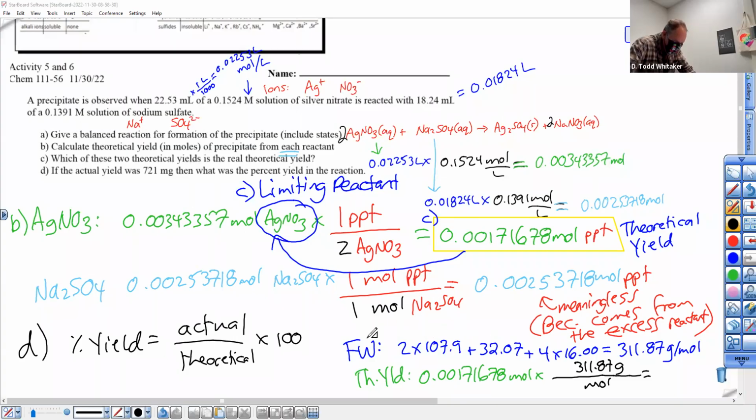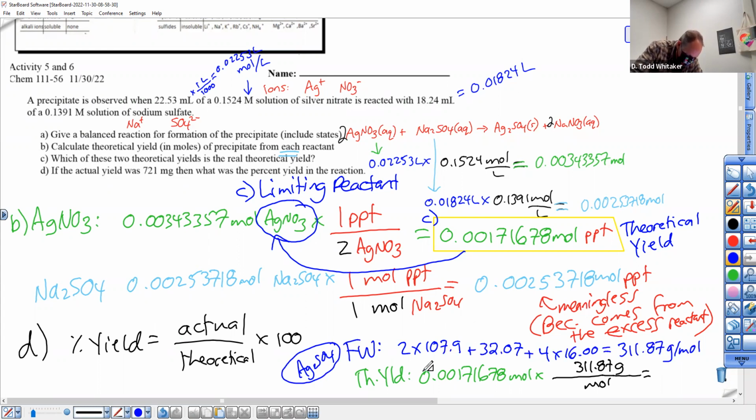We are back now. All right. So what happened was we had to figure out the formula weight for our precipitate, which is silver sulfate, if you forgot. Ag2SO4. 2 silvers, 1 sulfur, 4 oxygens, 311.87 grams per mole.